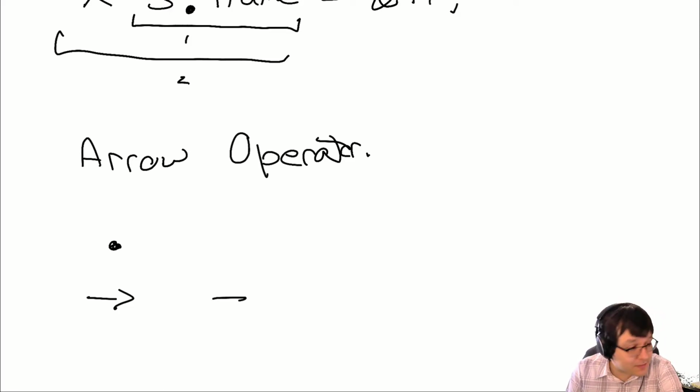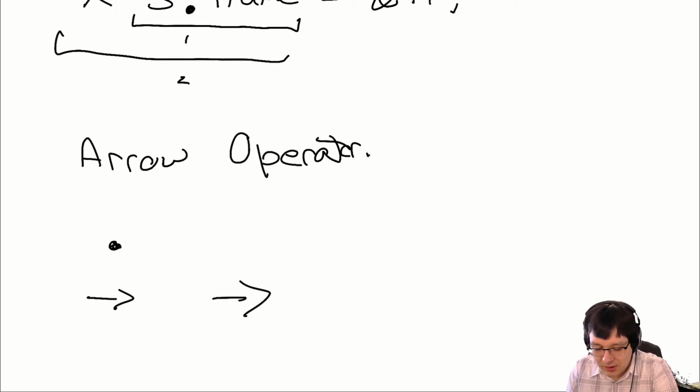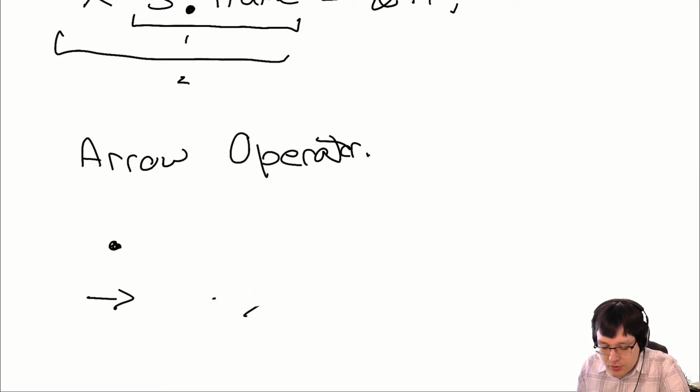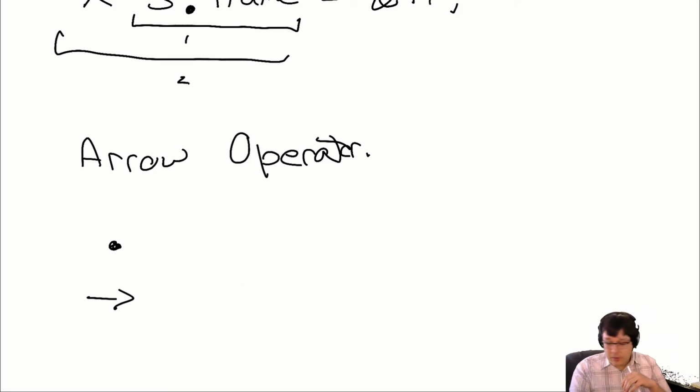The subtraction sign, and then the greater than sign, I don't know what you call it, but it's that one, okay? That one right there. So you just put them together, no space in between them, and you create the arrow operator, okay?